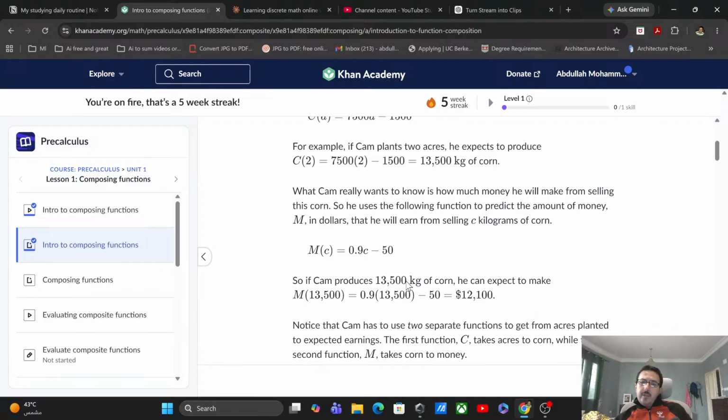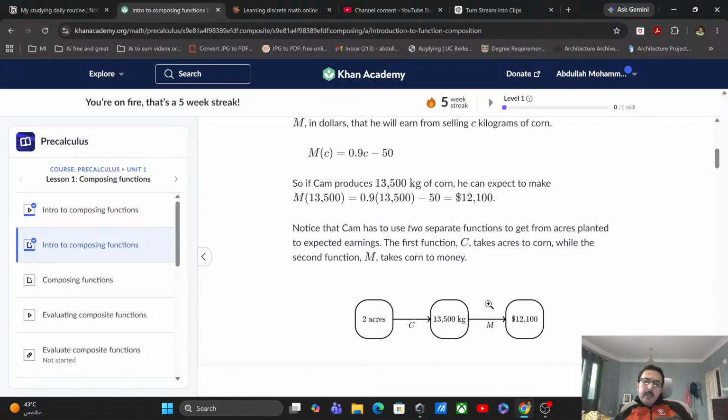If he can produce 13 kilograms, that's 12, 1200 and 100 dollars. Note that Cam has two separate functions to get from acres planted to expected earnings. The function C takes acres to corn, while the second function M takes corn to money.